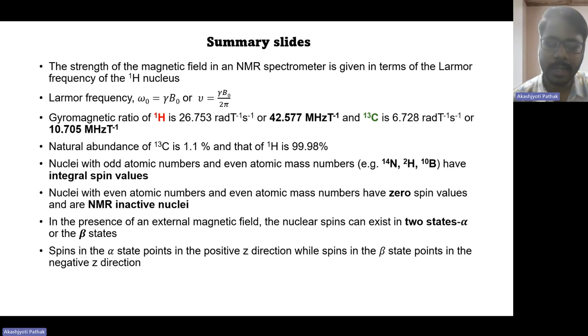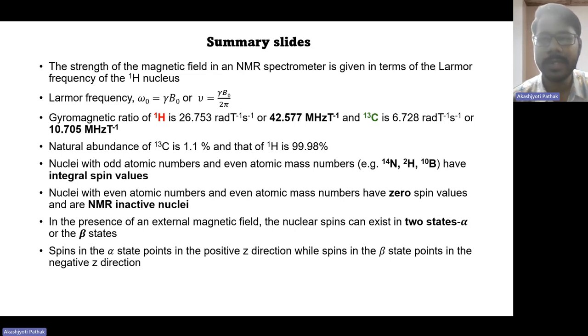We learned that there is an external magnetic field, and when the nucleus is placed in the external magnetic field, the nucleus experiences a torque. Since it experiences a torque, it starts precessing, or rotating, around the external magnetic field.